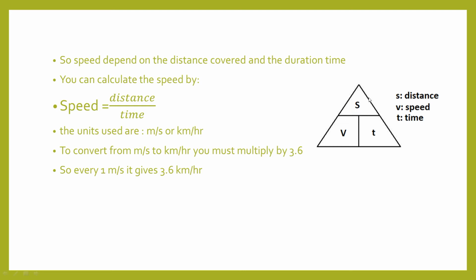If I want S, I can cover S. I get V times T. So this line represents multiplication. Now if I want to calculate T, for example if I ask you in some exercises to calculate the time or the duration, you must cover the T, and you will see S divided by V. If I want V, the speed, I must cover the speed, so it gives S, distance, divided by time.